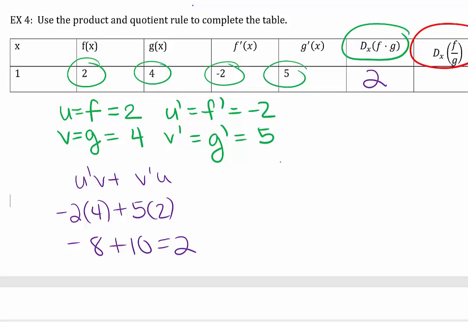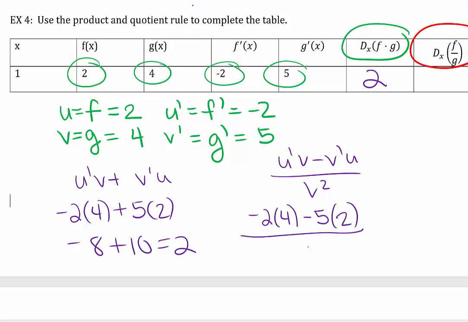The quotient rule says we take u prime times v minus v prime times u all over v squared, plugging those numbers in. That's negative 2 times 4 minus 5 times 2 all over 4 squared, or minus 8 minus 10 over 16. That's negative 18 over 16, or that reduces to negative 9/8.